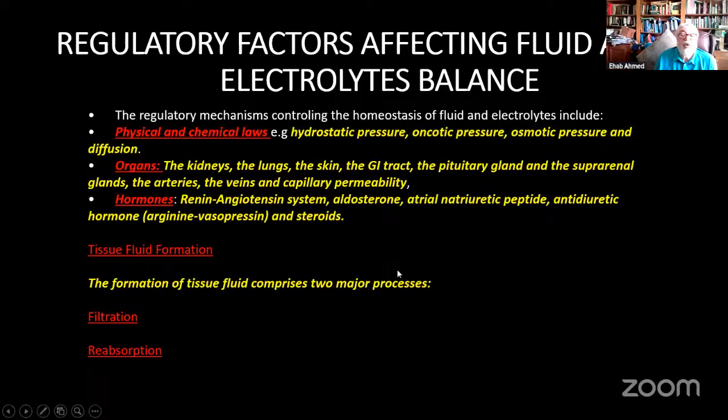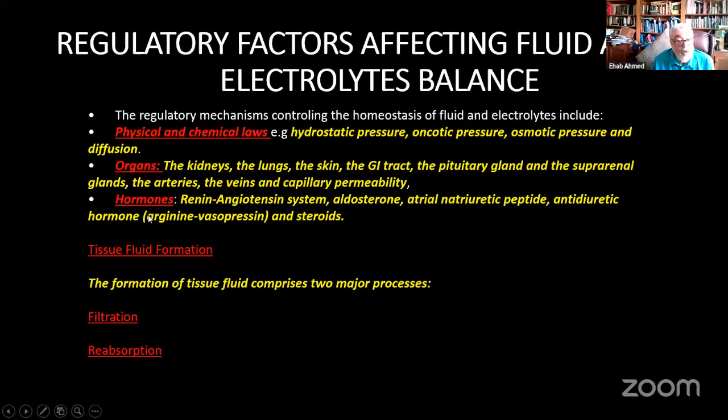What are the regulatory factors or organs that affect this? We'll go briefly over each one of them. This happens according to certain physical and chemical laws, like the hydrostatic pressure gradient and the diffusion laws. And then we have organs: the kidney, the lung, skin, GI, the pituitary, suprarenal glands, arteries, veins, capillary permeability, and lymphatics.